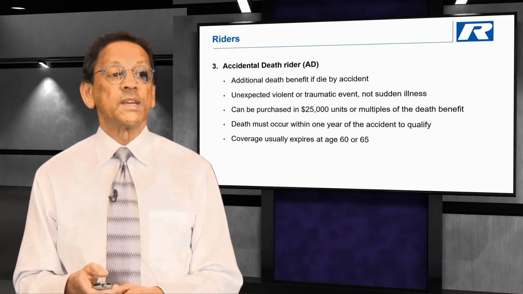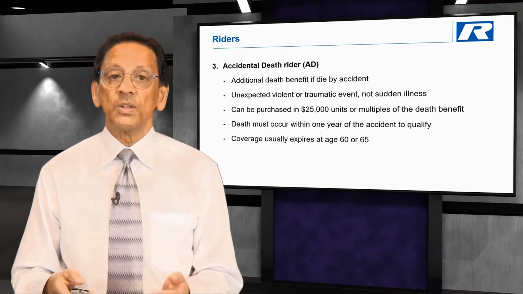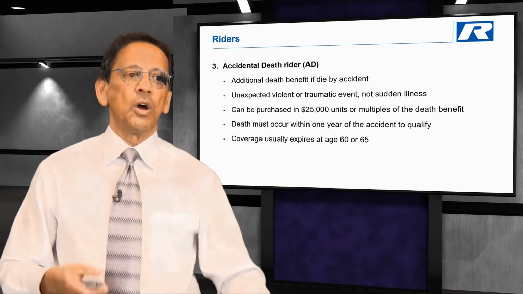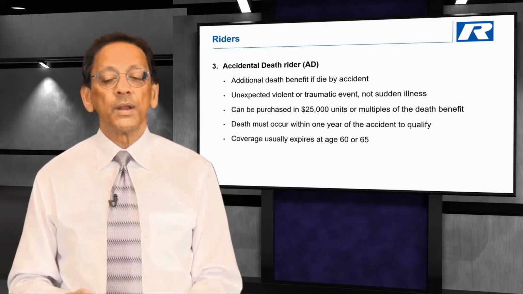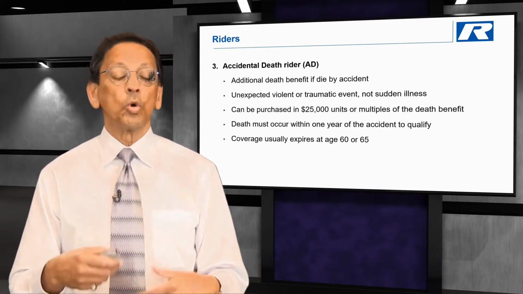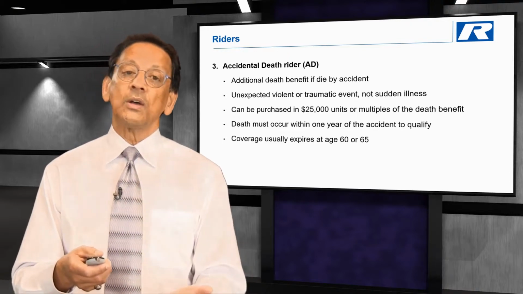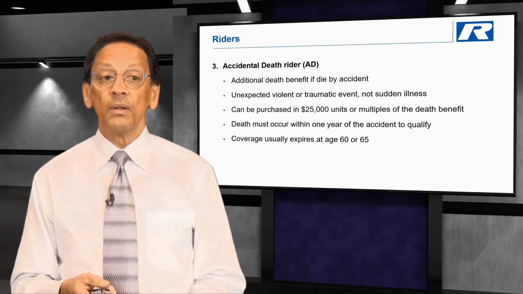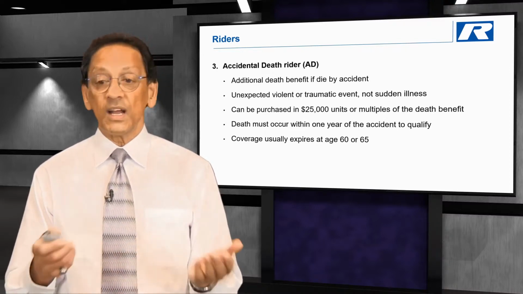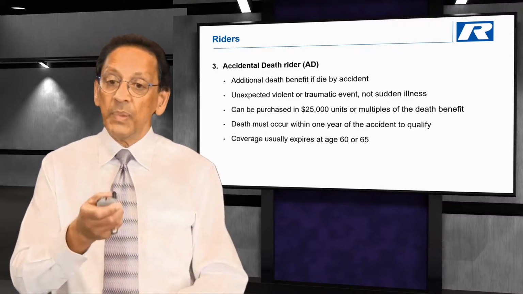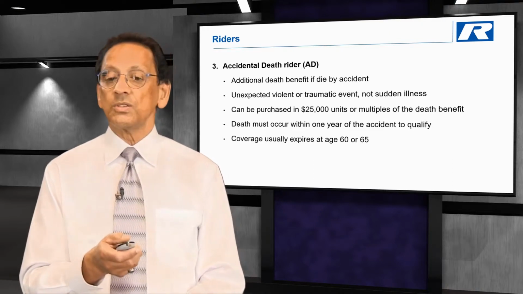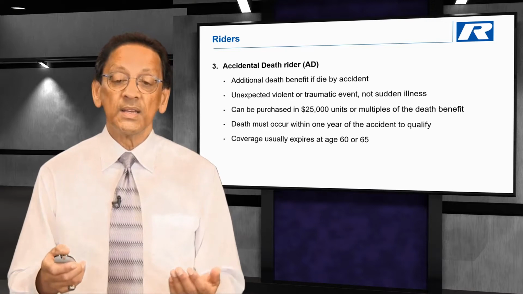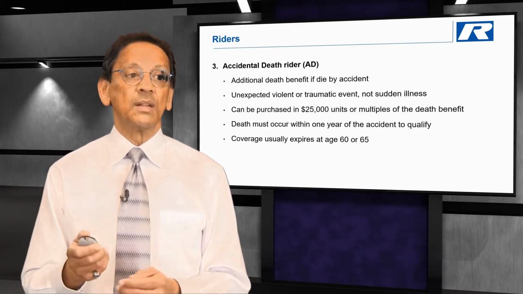So if, for example, you have a life insurance policy for $100,000, again, base plan, and you have a $100,000 accidental death rider, if you die by accident, the total payable is going to be the $100,000 base plan plus the $100,000 accidental death rider. If in fact you died only of natural causes, then only the base plan would pay out the $100,000 to the beneficiary, because the accidental death rider wouldn't apply since you didn't die by an accident.